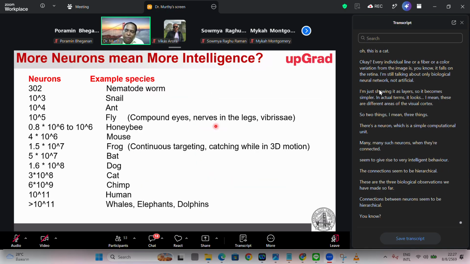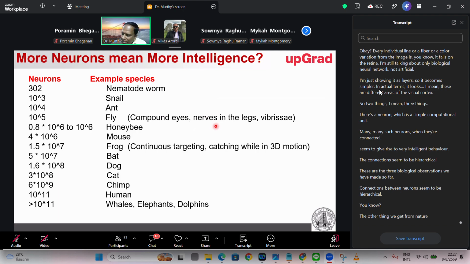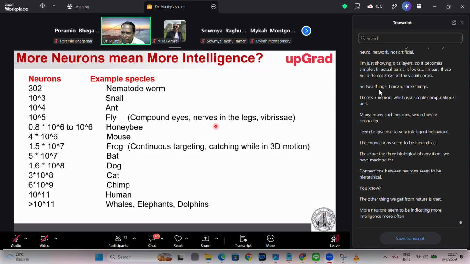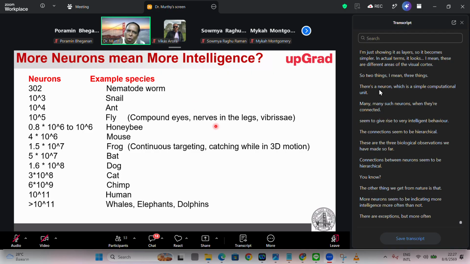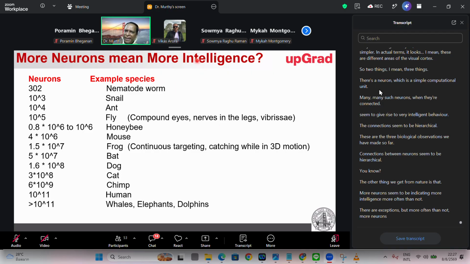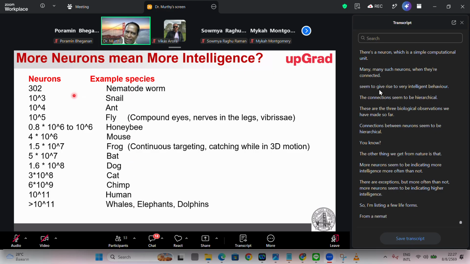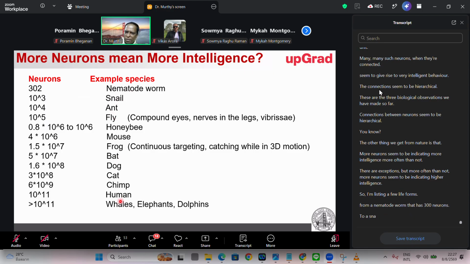The other thing we get from nature is that more neurons seem to be indicating more intelligence more often than not. There are exceptions, but more often than not, more neurons seem to be indicating higher intelligence. So I'm listing a few life forms, from a nematode worm that has 300 neurons, to a snail, to an ant, all the way to humans, whales, elephants, dolphins.